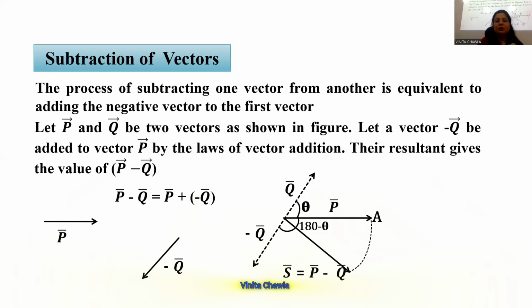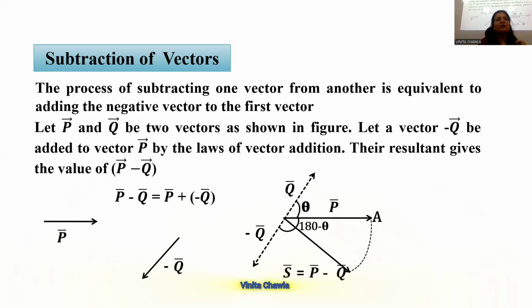Look at this vector, this arrow. What does this vector represent? Between vector P and vector minus Q, we have another vector. So which law have we applied here?